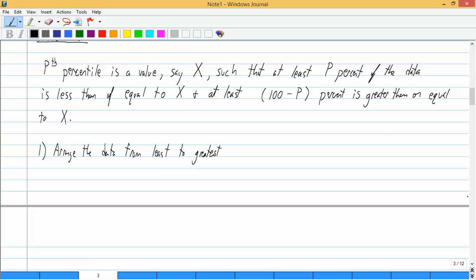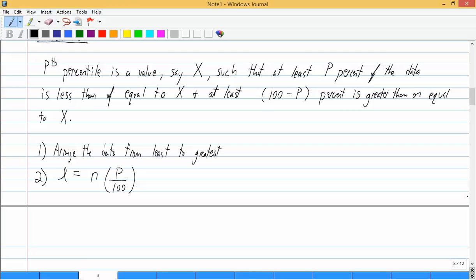Alright, and then the way that we find the location of the data item, we're going to call the location L. So the location is going to be equal to N, where N is the number of observations in the ordered data, times P, the percentile, divided by 100.